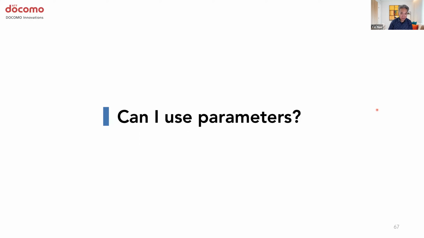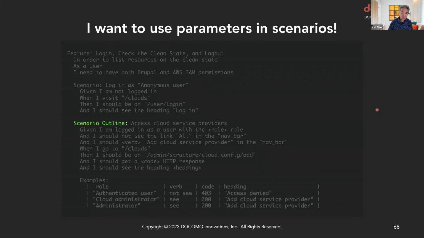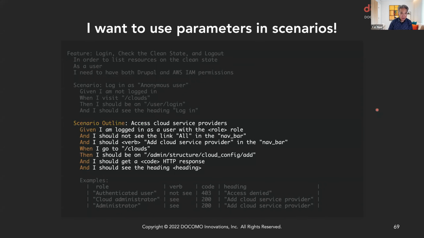Can I use parameters? Because the test scenario looks static. We want to give some variables into our test scenarios. The answer is yes. Starting with the keyword Scenario Outline, we can give variable parameters into the test scenario like this.